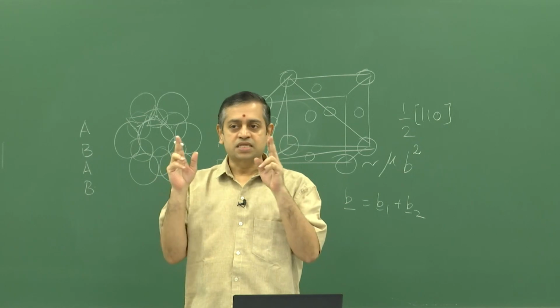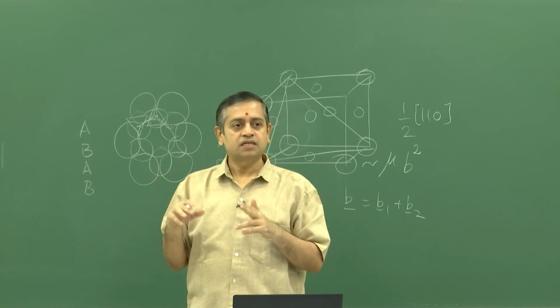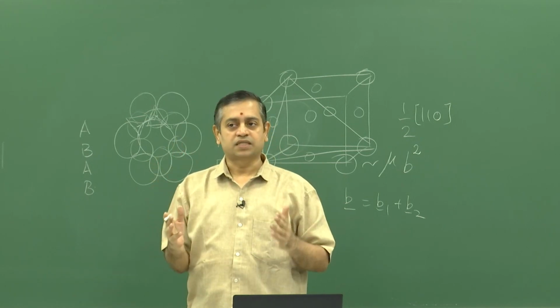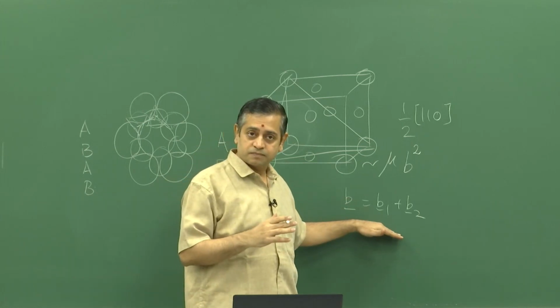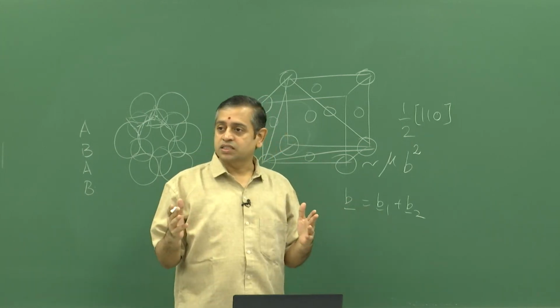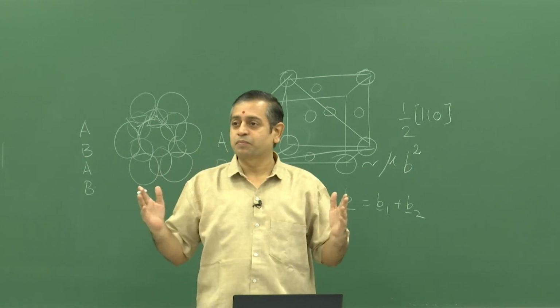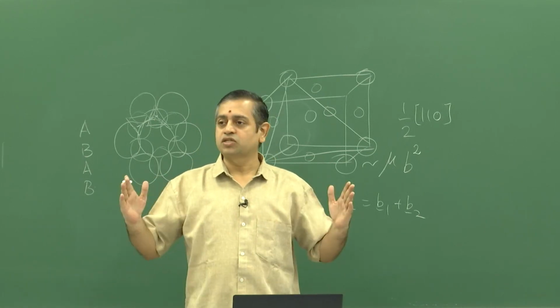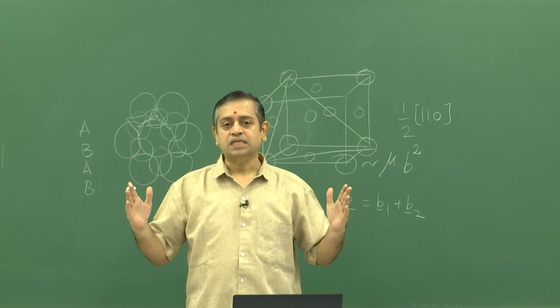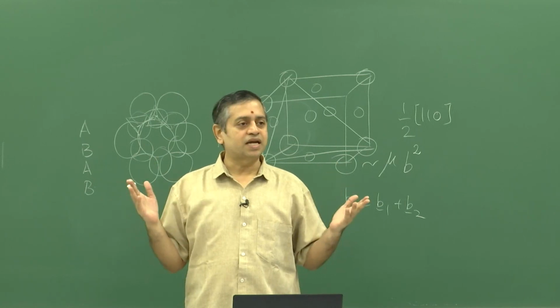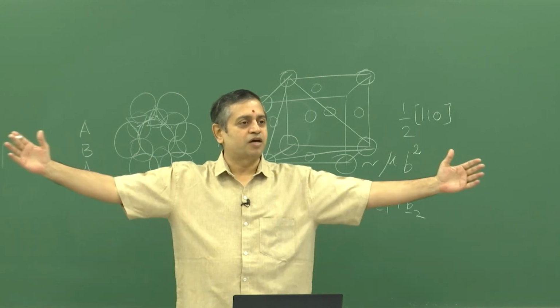So, in systems like FCC, a dislocation splits, because energy is always minimized. Then these two partials are of the same type, so they repel each other. So, they try to move apart, and dislocation interactions are infinite. So, they can keep on moving to infinity.